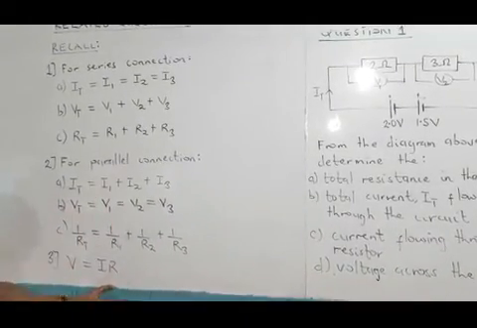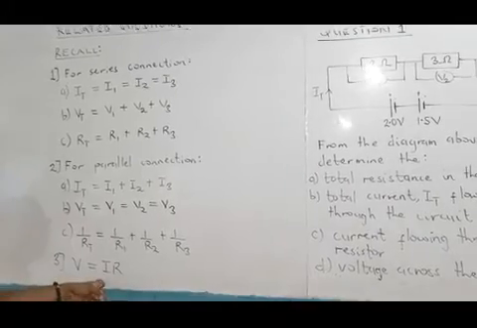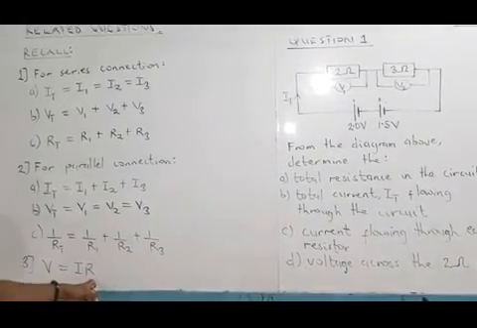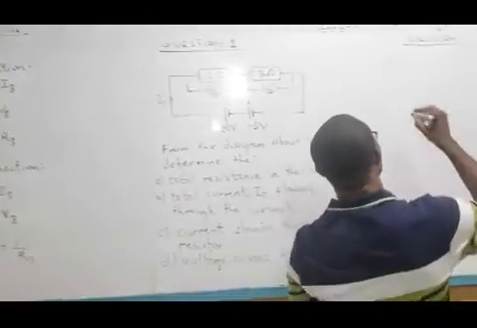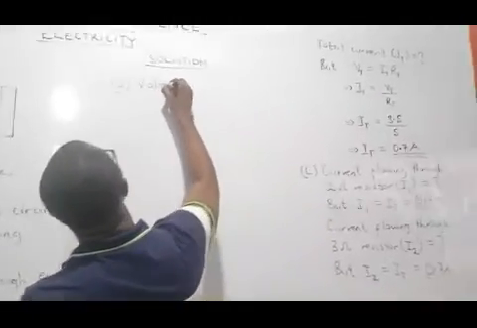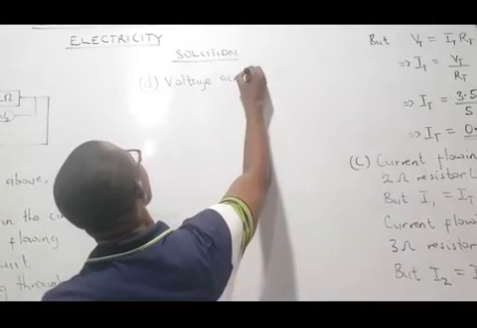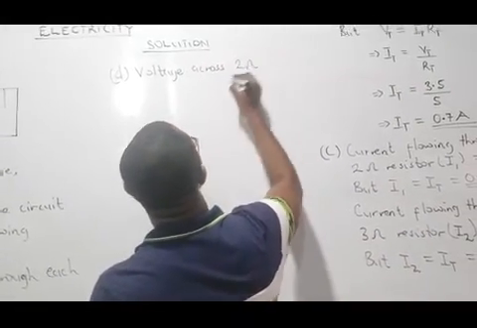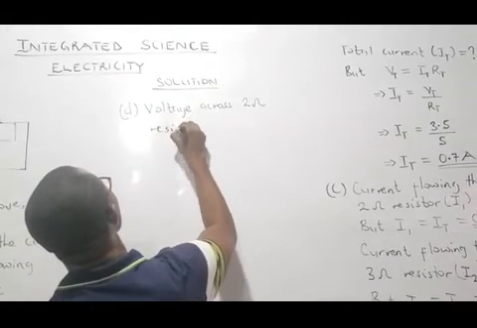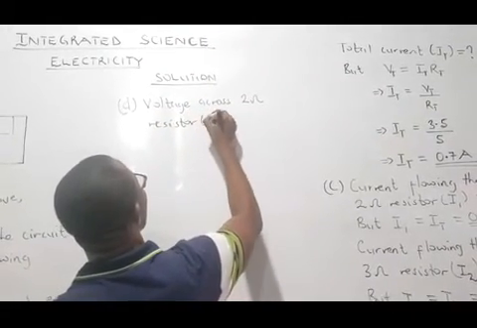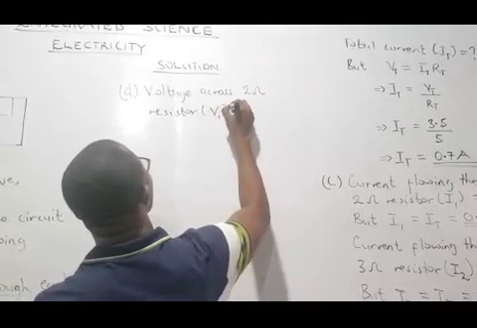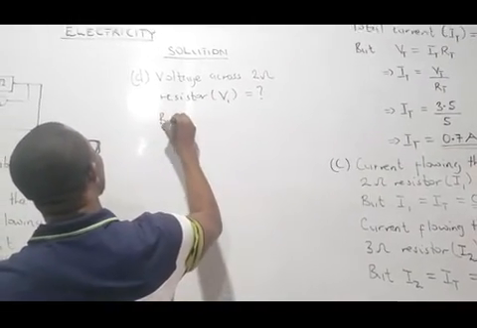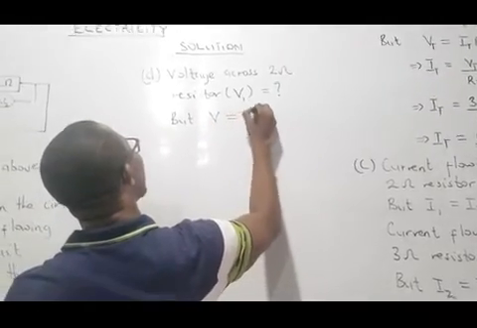So the voltage across the 2 ohm resistor will simply be the current flowing through the 2 ohm resistor and then the resistance. So voltage across the 2 ohm resistor, that is V1. As I said, V equals IR.